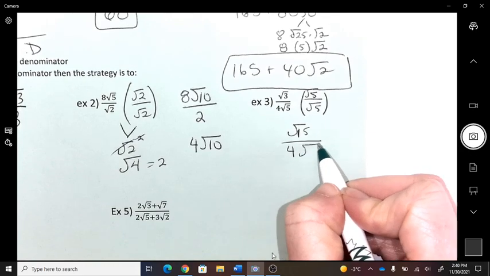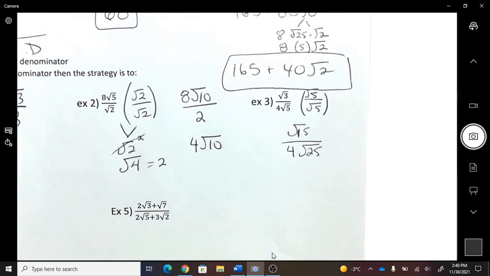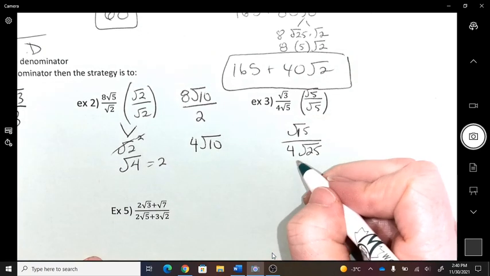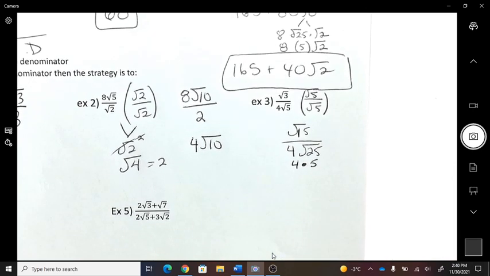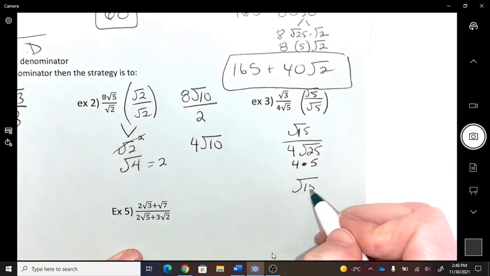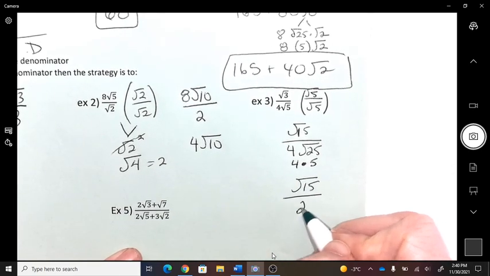And then if you want to do root 25, or if you want to just do whole number 5, it's depending on where you're at. But I need to understand that that would become eventually a 5. So now my bottom will be 20.